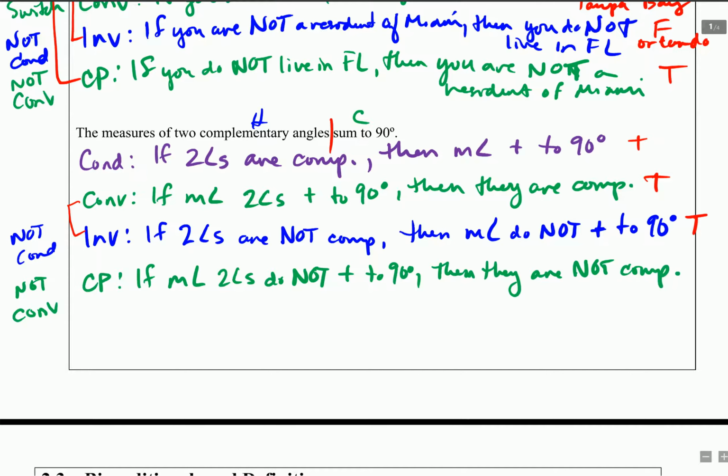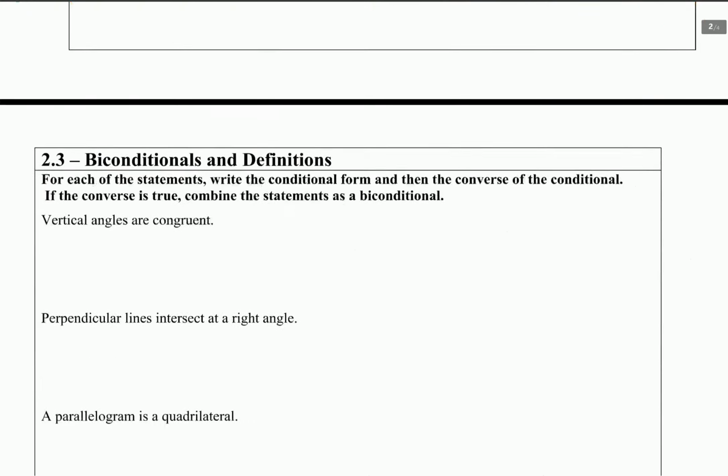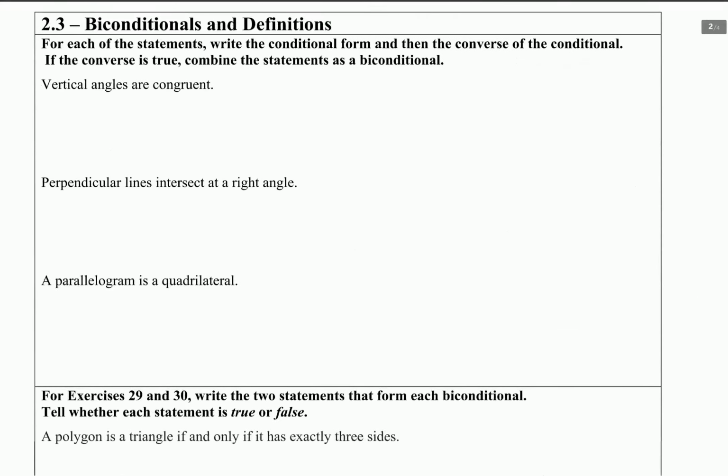So the measures of our angles are not adding up to 90. That means we are not complementary. Again, not a surprise there, because one, conditional and contrapositive are equivalent statements, and two, we know the definition of complementary is the measures sum to 90 degrees. So no big surprise on that one. All right, let's go on to 2.3.